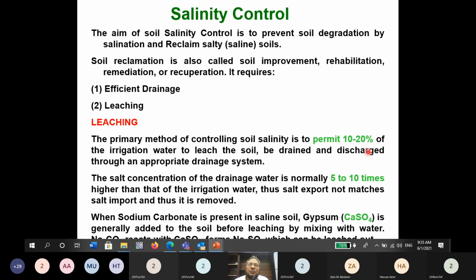Waterlogging कैसे control करते हैं? By providing efficient drainage, surface drainage and subsurface drainage. और दूसरा क्या है कि irrigation में बहुत over irrigation नहीं करनी.